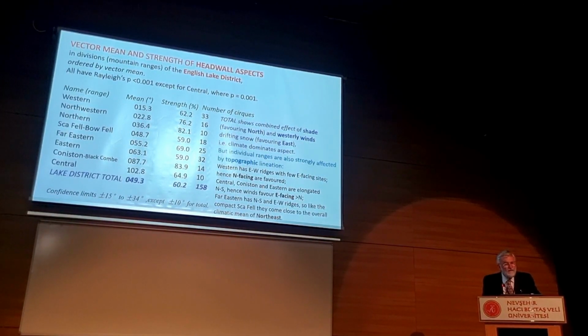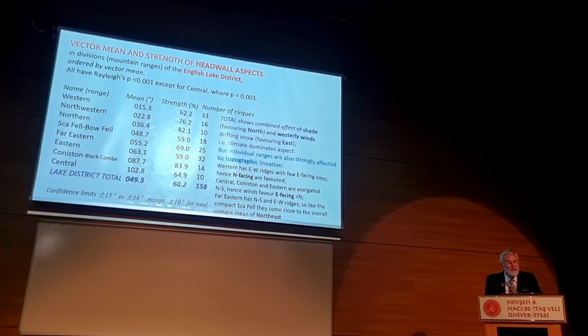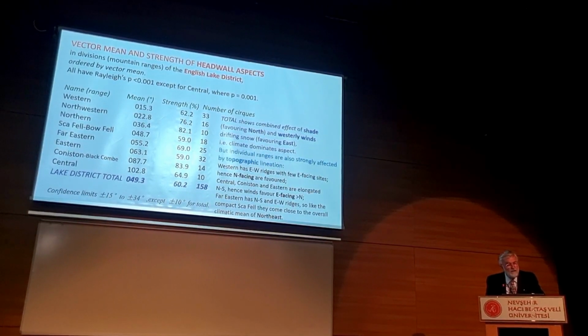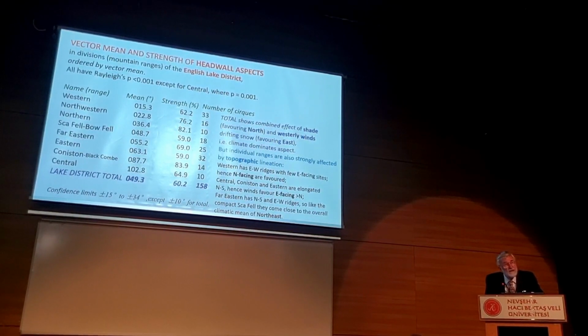Looking at the vector mean and the vector strength of the cirque headwall aspects, we can see it is mainly around northeast for the whole of the Lake District. It is 49 degrees, so very close to northeast.